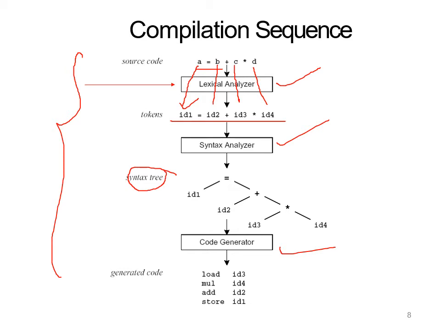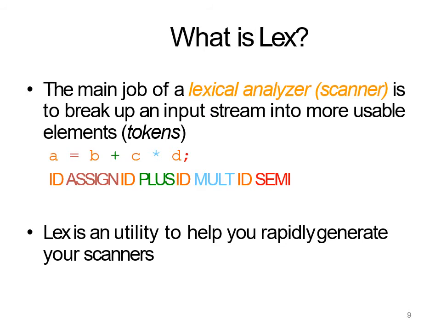We will not discuss the code generator, syntax tree, and intermediate code generation because they are not related to the Lex tool. Now, what is Lex? We have seen Lex in our earlier slides. The main task of a lexical analyzer, also known as a scanner, is to break up an input stream into more usable elements.